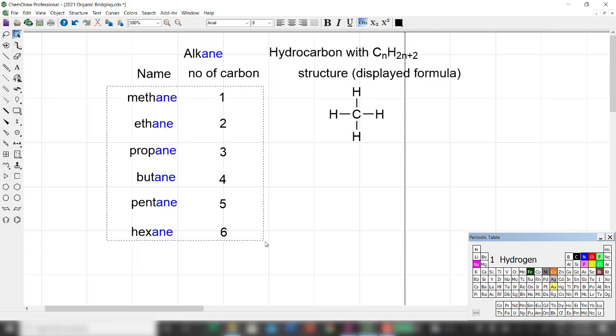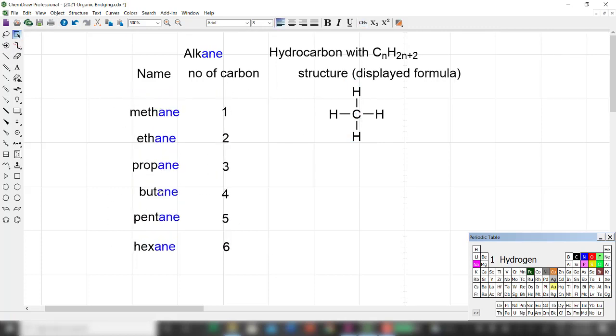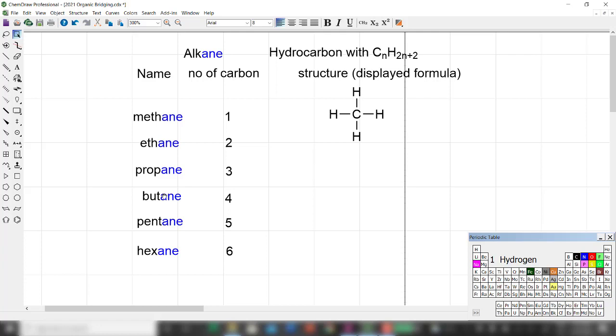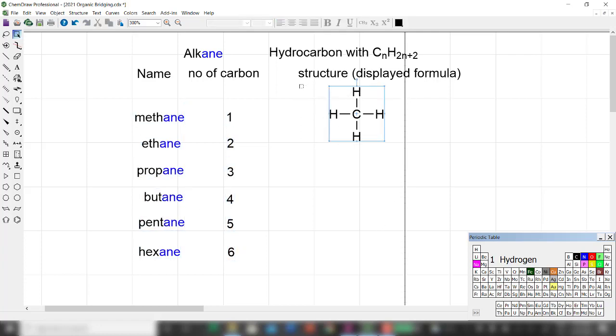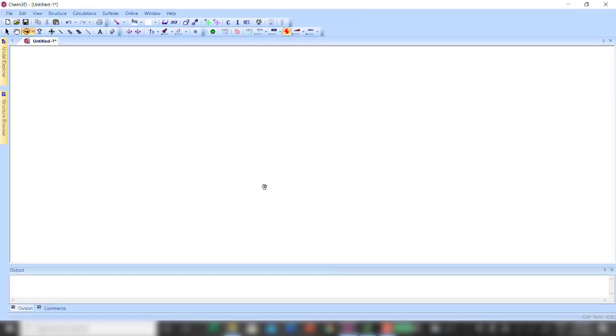Based on what you have learned in chemical bonding, you will know that it's actually tetrahedral. So I'm just going to paste this over to the 3D, then you can easily see the 3D structure. It's tetrahedral. You can see the tetrahedral carbons here, and the angle is 109.5 degrees.